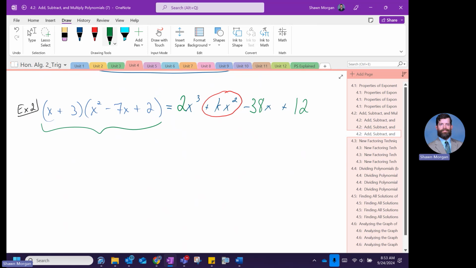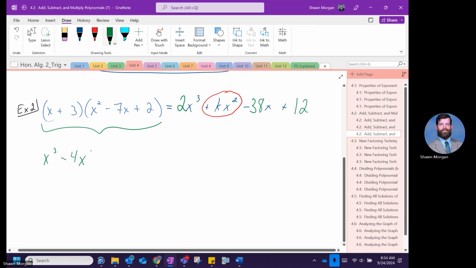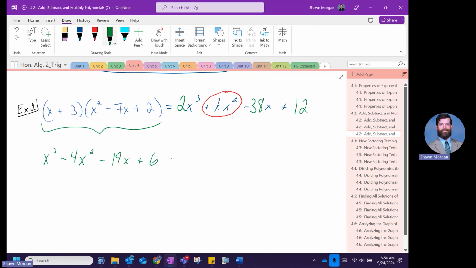Let's see here, what would we do here? Read me off what our original answer was, the one I told y'all to make sure you had written down. X to the third minus 4x squared... What would I do?